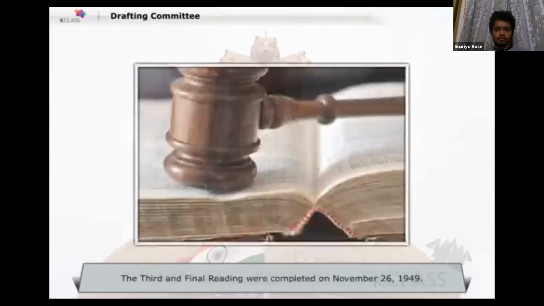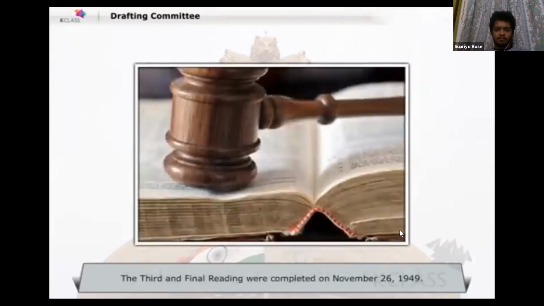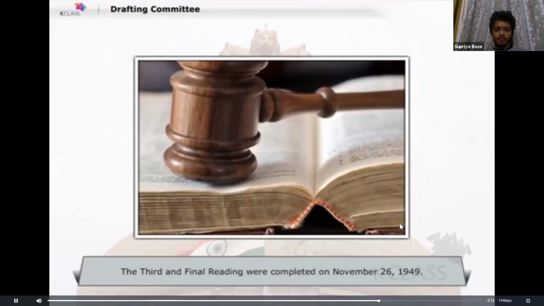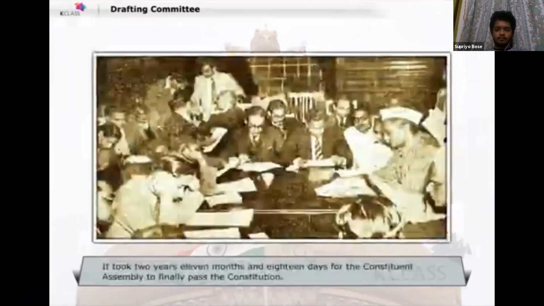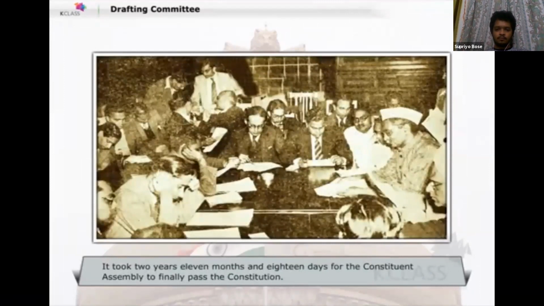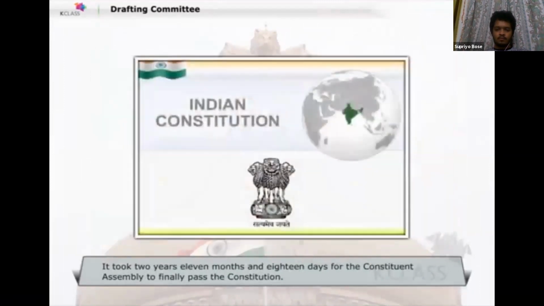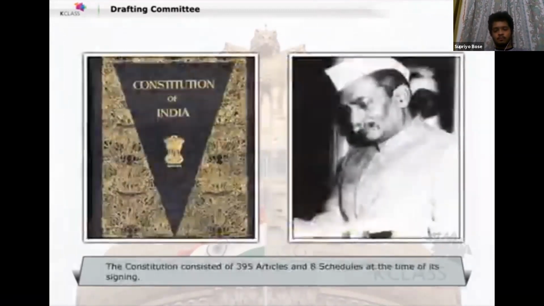It was followed by the third and final reading, which was completed on November 26, 1949. It took 2 years, 11 months and 18 days for the Constituent Assembly to finally pass the Constitution. The Constitution consisted of 395 articles and 8 schedules at the time of its signing.